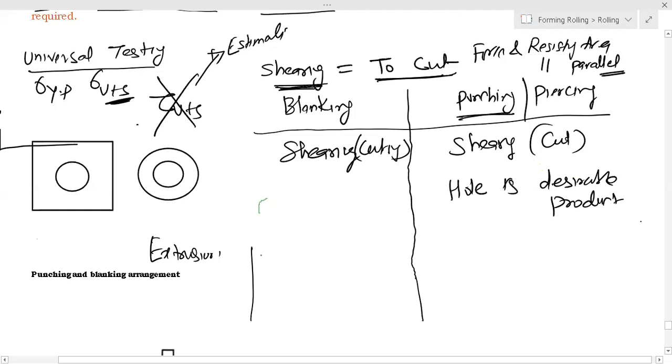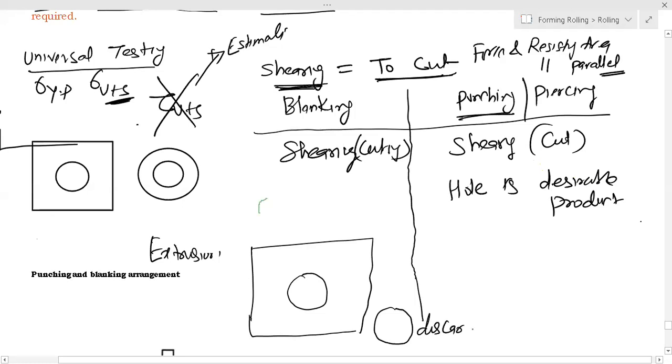Suppose you have one sheet like this. If you want to make a hole, you cut it. What you will get? You will get a hole and a sheet, a blank. This is your discarded material. And this is your waste. But this hole is required.